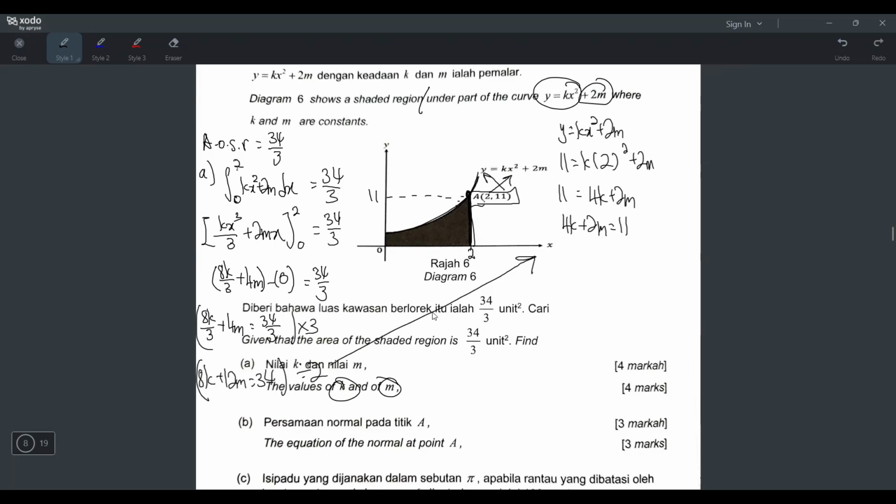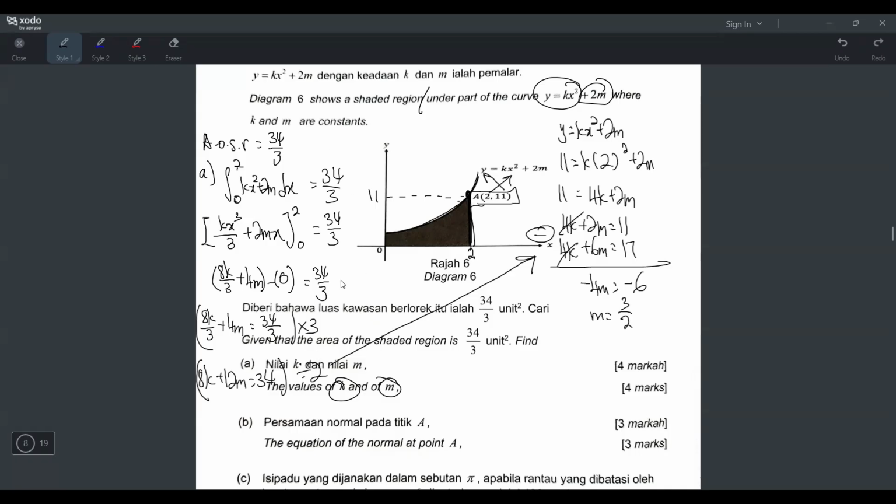The reason I'm doing this is because I want 8k divided by 2 to get 4k. So 8k divided by 2, I get 4k. And then 12m divided by 2, which is 6m. 34 divided by 2, 17. And why did I do that? Because I know 4k and 4k can be eliminated by minus, right? And then 4k minus 4k is 0 already. And then 2 minus 6, which is negative 4m. 11 minus 17 is negative 6. So m is 3 over 2. Okay, so that's why I take everything divided by 2.